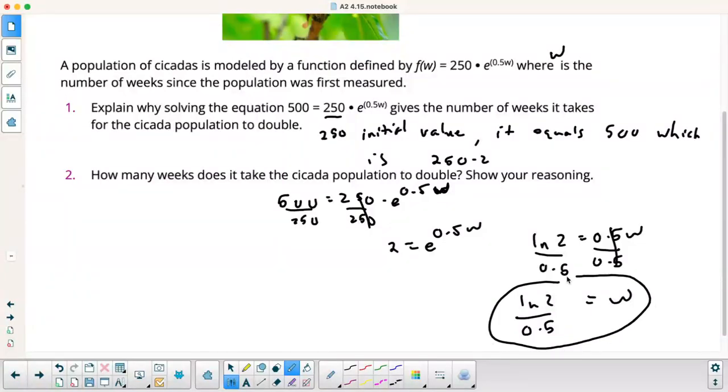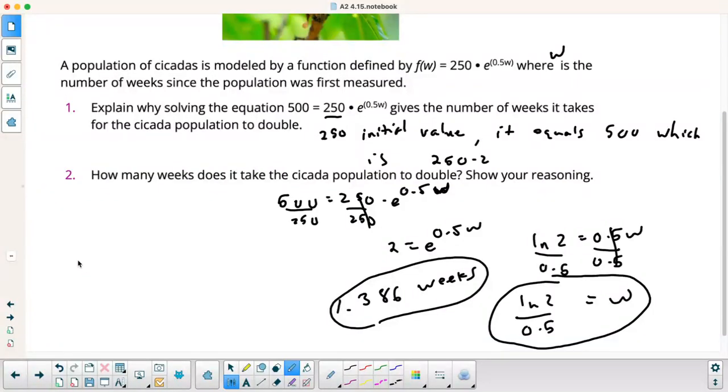That's how many weeks. Now you might say, well, that doesn't really mean much to me. So you could use your calculator. ln of 2 divided by 0.5, and I get 1.386 weeks. Okay, so take your function, double check it. Let's find f of 1.386.